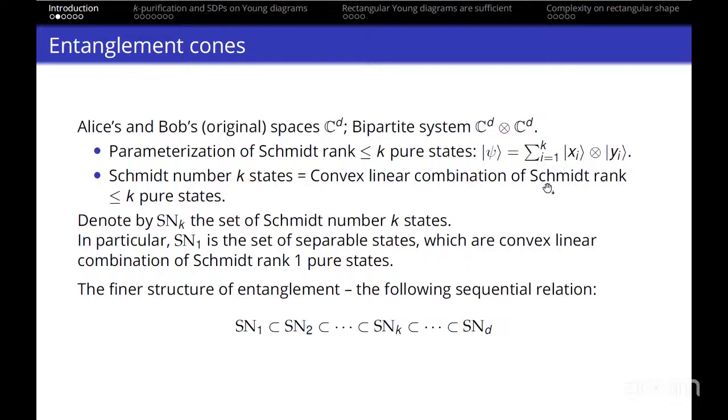Then a Schmidt number k state is a convex linear combination of pure states with Schmidt rank no more than k. In particular, a Schmidt number 1 state is a separable state, which is a convex linear combination of Schmidt rank 1 pure states, namely product states.